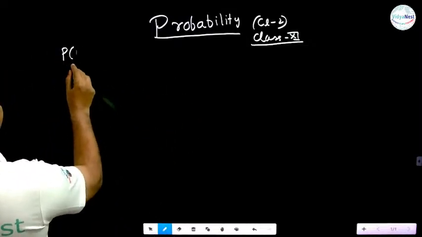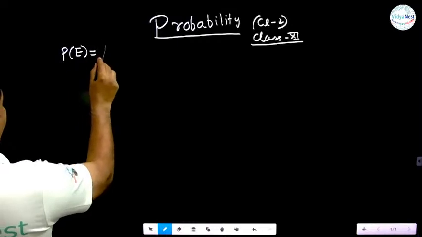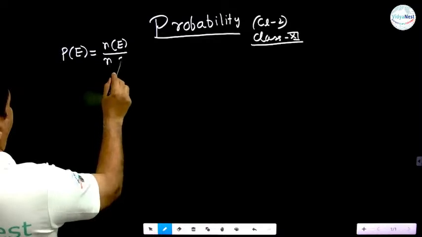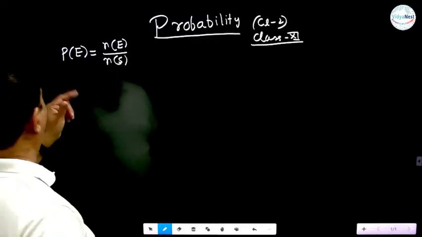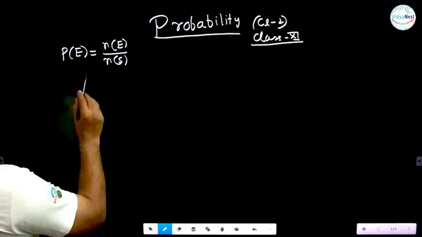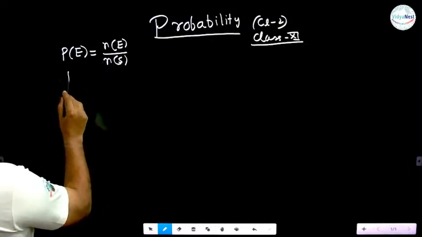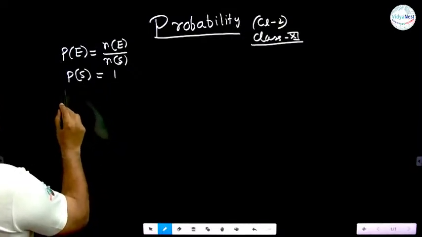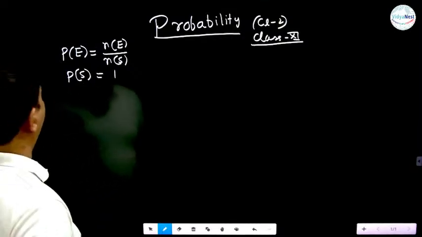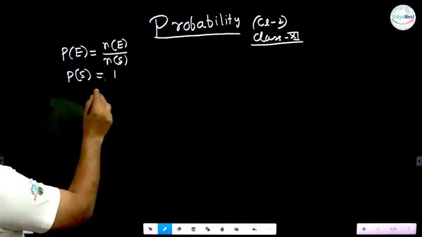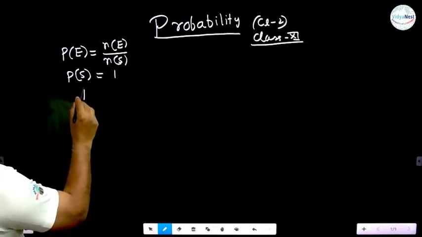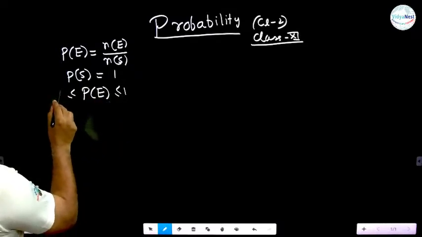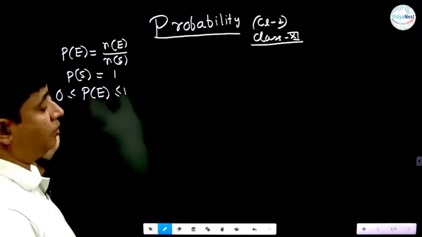The probability of occurrence of any event, then the probability of a certain event is always 1. Then the probability of any event lies between 0 and 1, that also we did last day, that result we also derived last day.